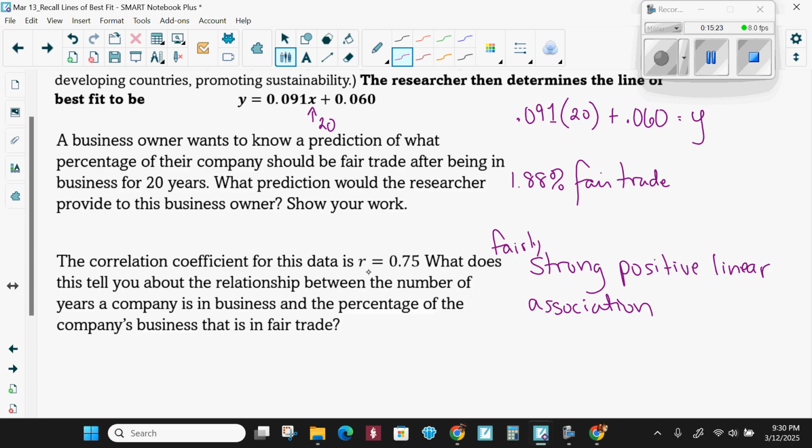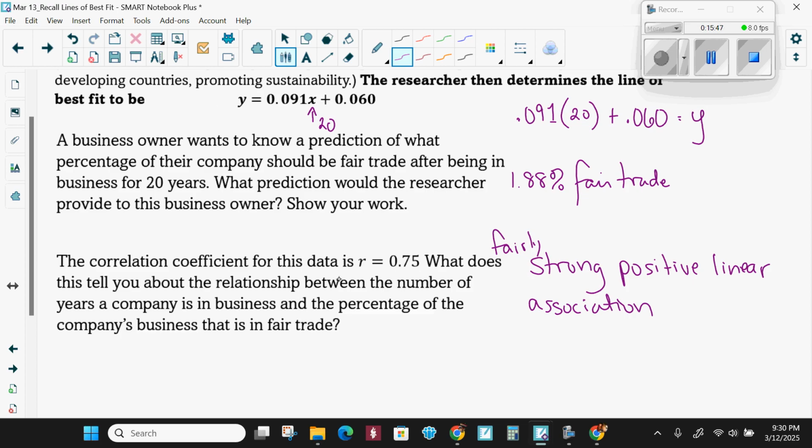As the business grows, for every year in business, they increase by 0.09% each year. That would be our slope for this data.